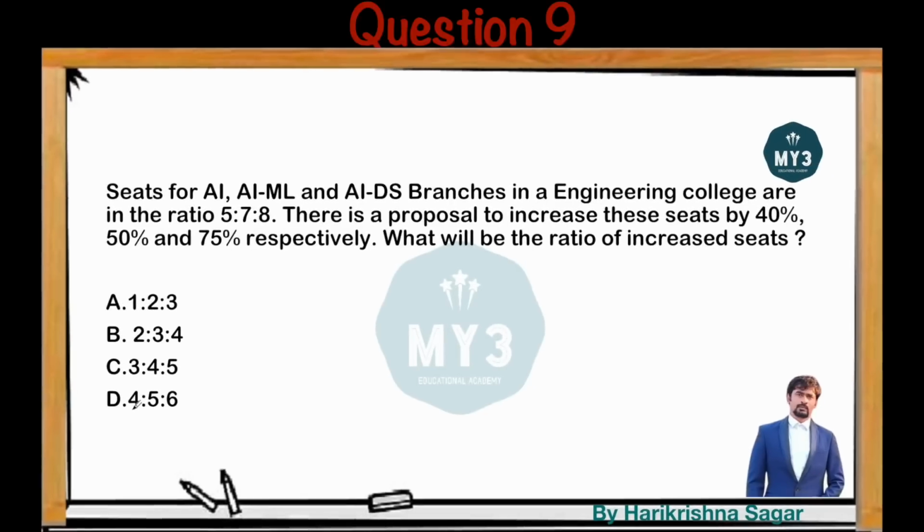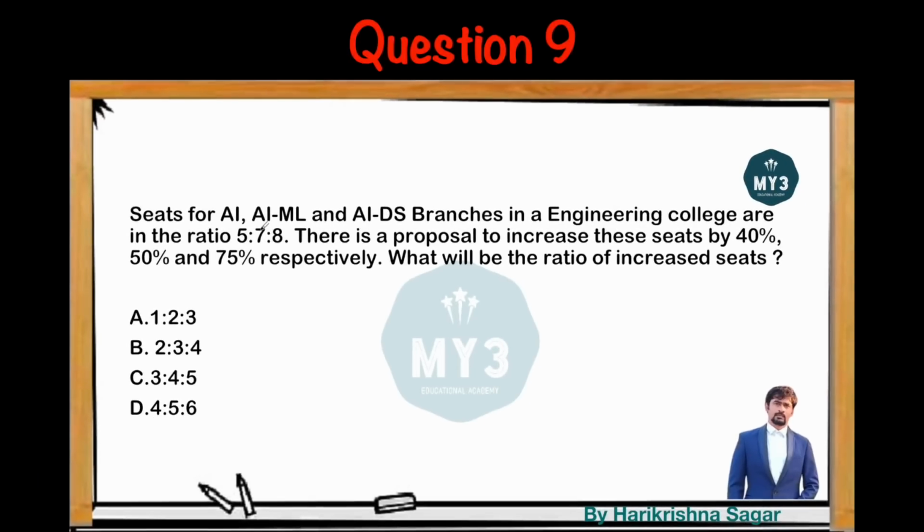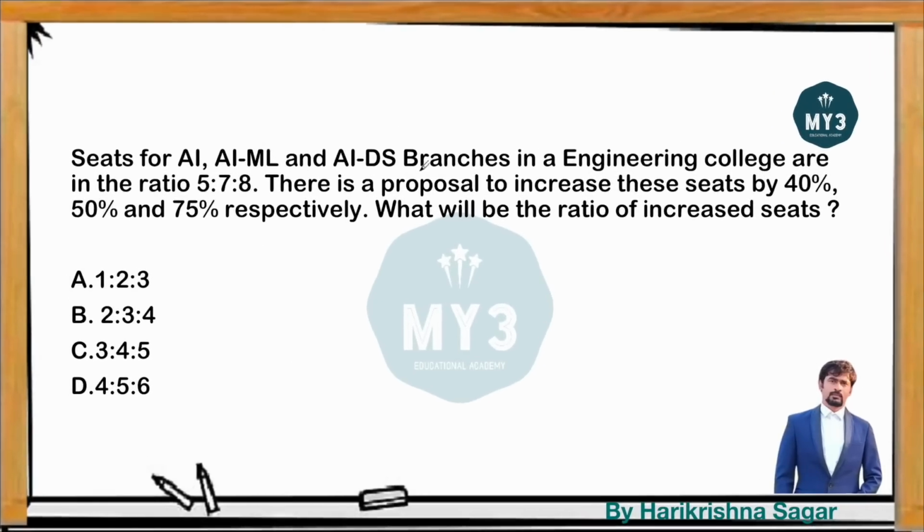If you observe this question, the seats for AIML and AIDS branches in an engineering college are in the ratio of 5:7:8. There is a proposal to increase these seats by 40%, 50% and 75% respectively. What will be the ratio of increased seats? This is the question here.